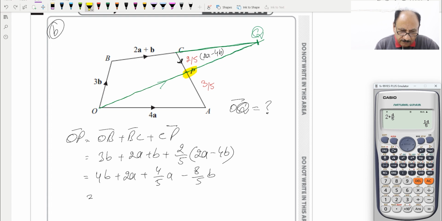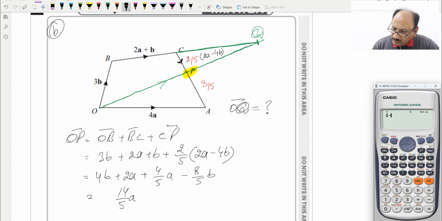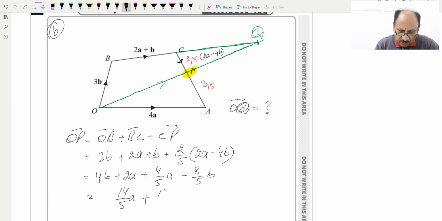So 14 over 5A, and plus this will be, we can write 4 minus 8 by 5, this is equal to 12 by 5. So plus 12 by 5B, and this is our OP. Now OP we got: 14 by 5A plus 12 by 5B, this is our OP.